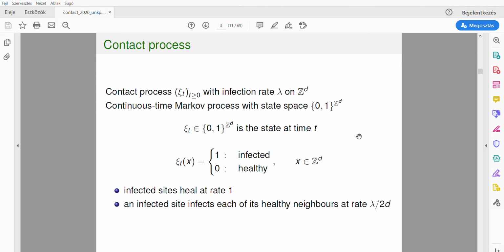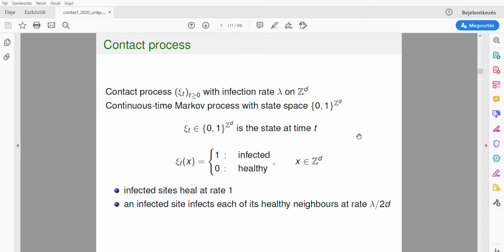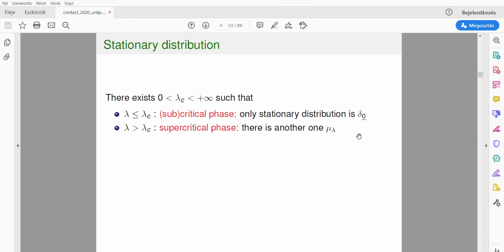Now that we have defined the contact process, the main question that we want to study is epidemics. If I have a contact process with infection rate lambda, is there going to be an epidemic or not? One way of phrasing this is talking about stationary distributions of this Markov chain.